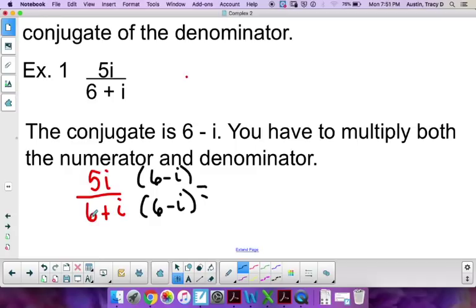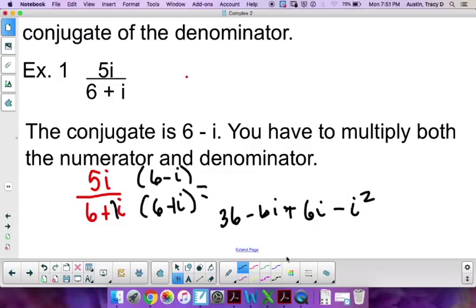What you'd be left with is 6 squared plus 1 squared, because those are 1s in front of those i's. So if you remember the shortcut, it's just going to be 37. If you don't, and you actually multiply out the bottom, you're going to have 36 minus 6i plus 6i minus i squared.